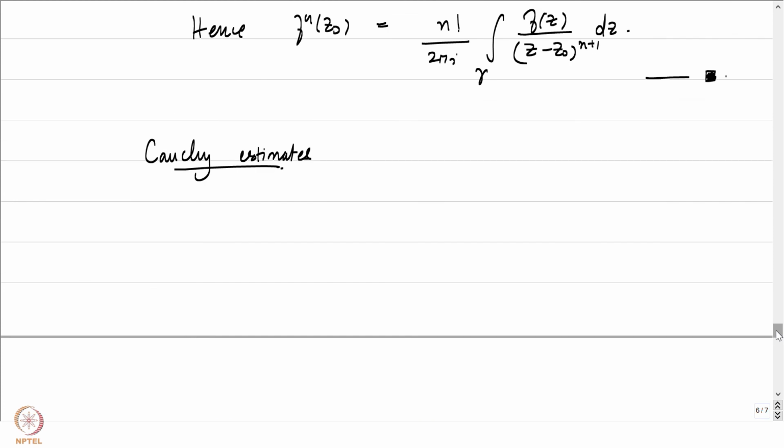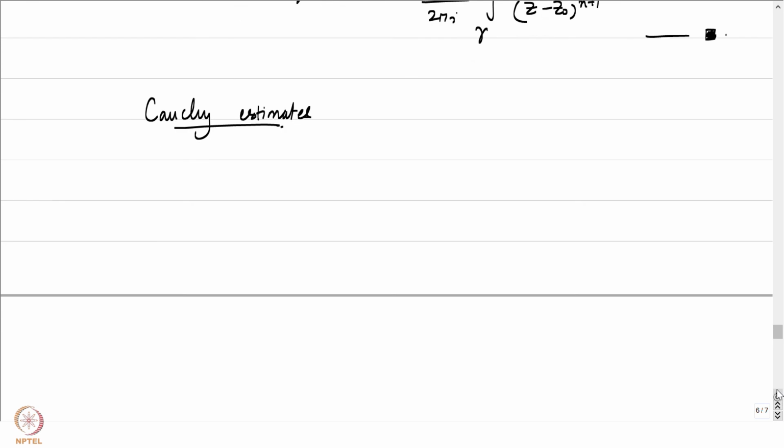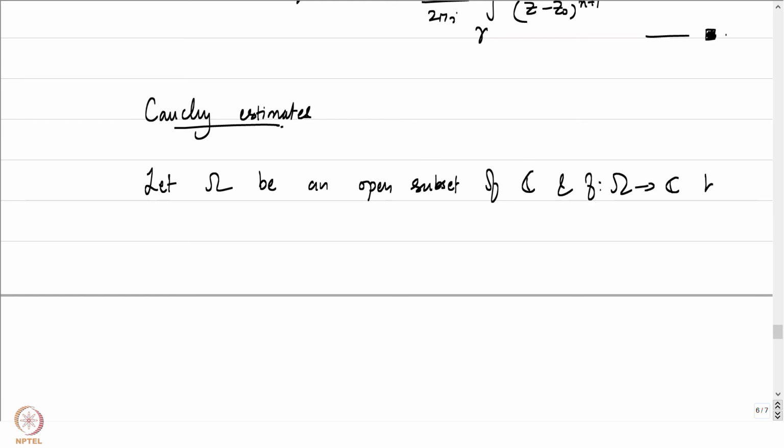Using the higher order Cauchy integral formula, we will also be able to place bounds on the derivatives of f in omega. Let's see what the exact statement is. Let omega be an open subset of C and f from omega to C be holomorphic.